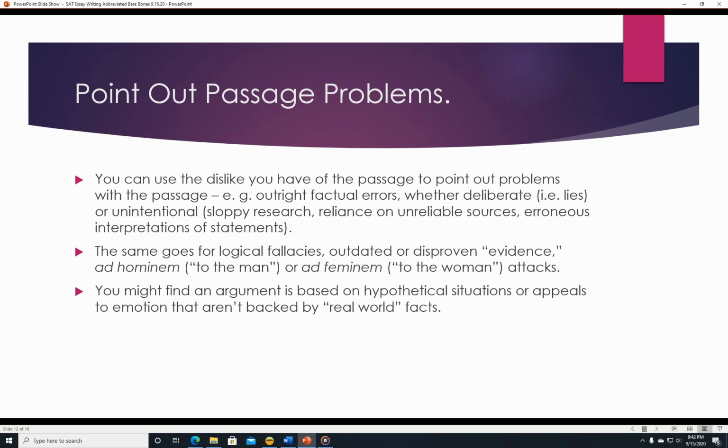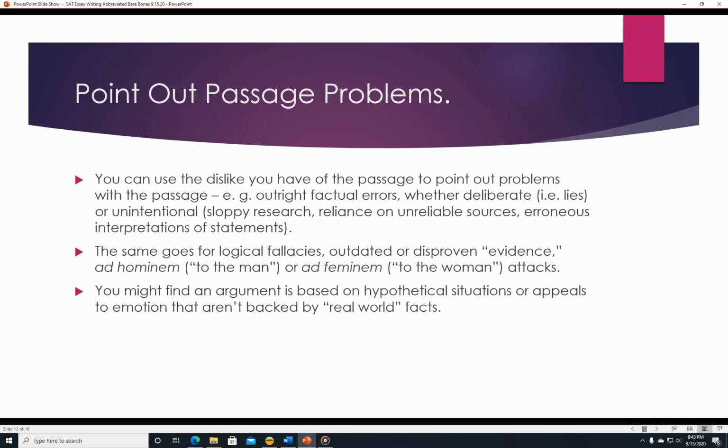Anyway, you might find an argument is based on hypothetical situations or appeals to emotion that aren't backed by real-world facts. If I just say, well, I think that school funding is icky, so we shouldn't do it. Cool people wouldn't do it. Well, you'd say, okay, that's a nice emotional argument, but you haven't shown me any facts that a lack of school funding won't hurt us or that school funding doesn't help us.